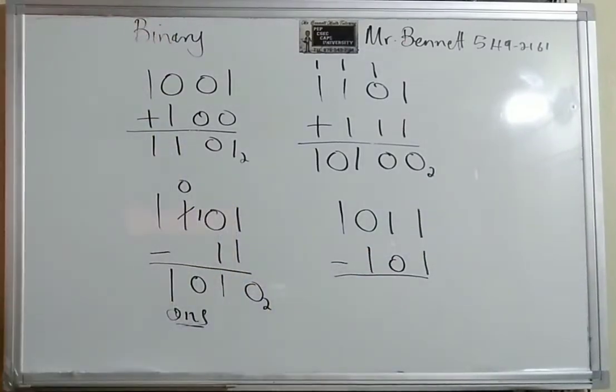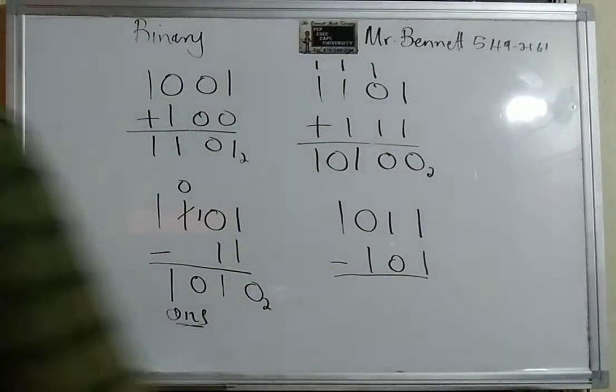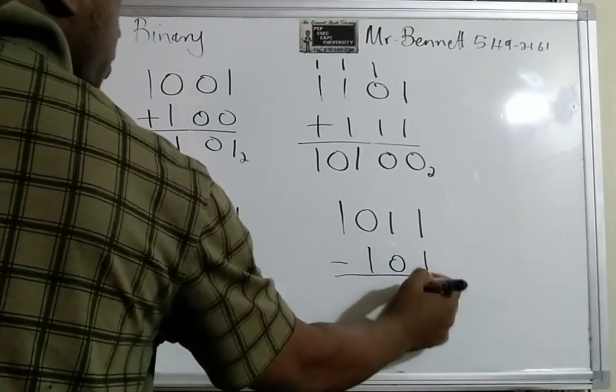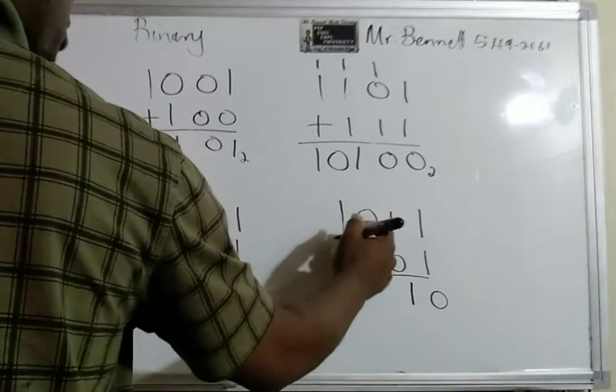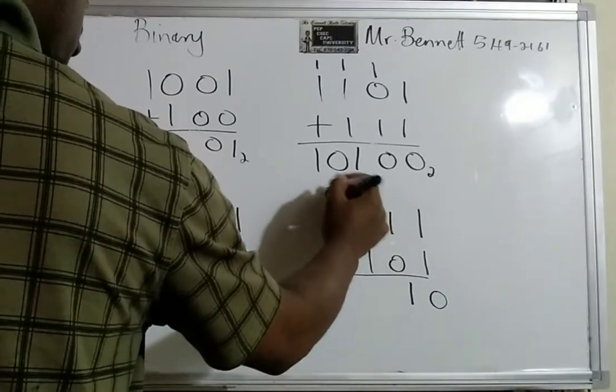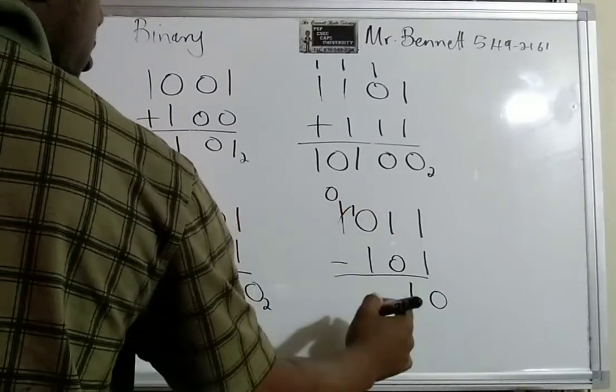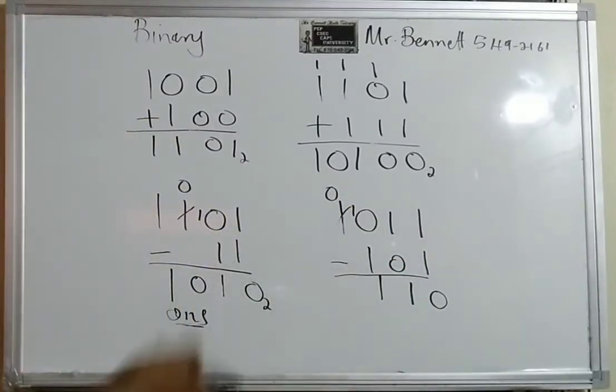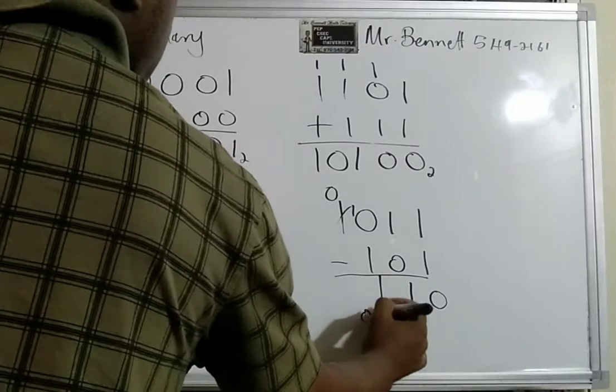So 1 from 1, let's begin, 1 from 1 leave 0, 0 from 1 leave 1, 1 from 1 you can't, so you borrow this way, and that leaves 1. So 1 and 1 make 10, so 1 from that leaves 10, and that would be your answer.